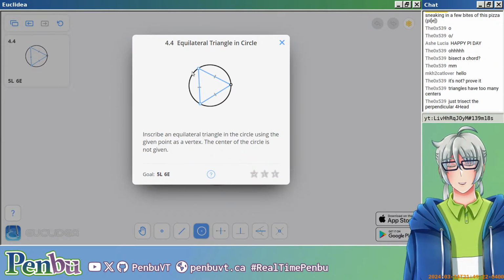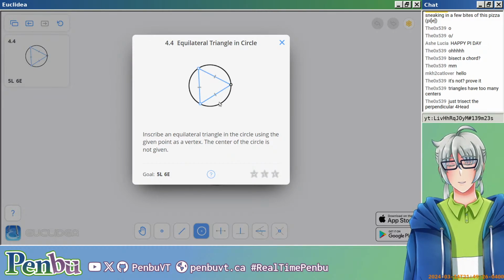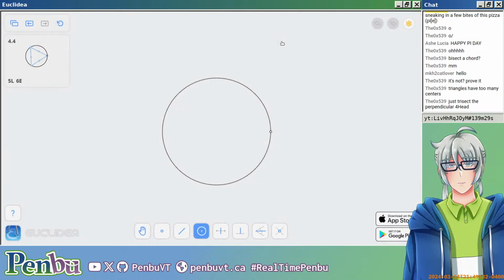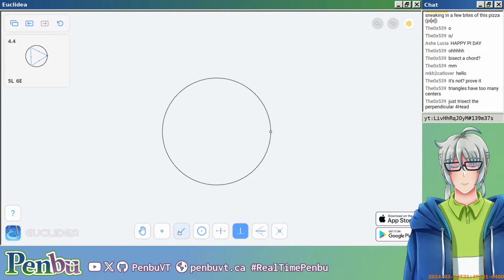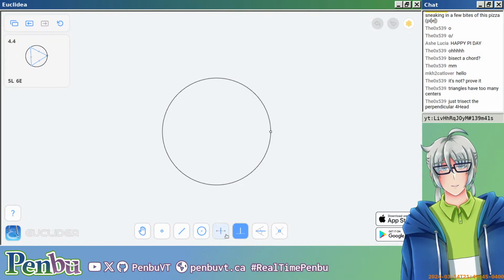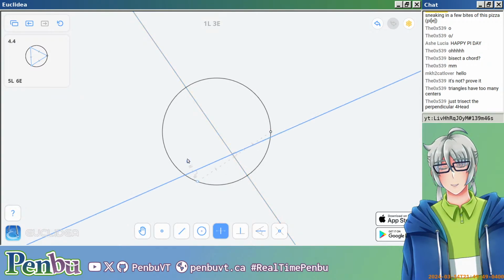So we're looking for 3 points that are equally spaced apart on the circumference. We can find the center, sure. I don't see any other options really.